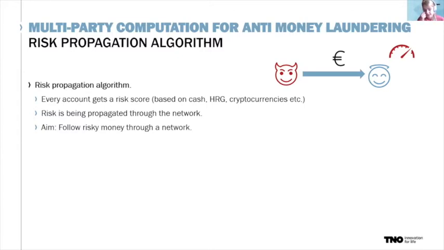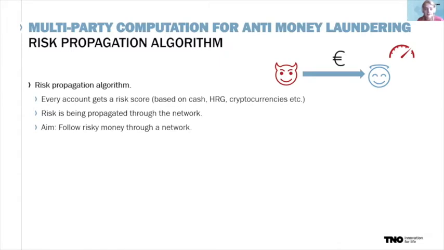And I think when I heard the talk of Brandon, this really has the same idea, namely every account gets a risk score, which can be based on cash or high risk geographies or cryptocurrencies or anything.